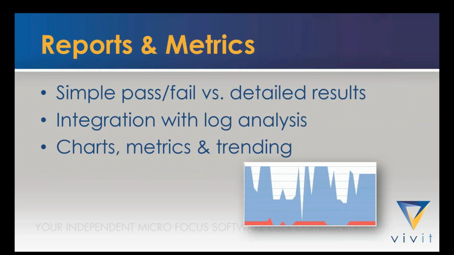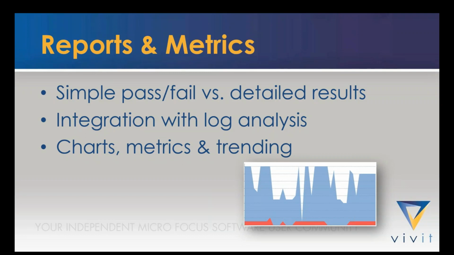So the final thing to mention, then we'll dive into the rest of the questions, is just reports and metrics. It's not good enough for a test to run, but we need to make sure that the appropriate information is coming back. Simple pass-fail is likely going to be necessary for a CI tool like Jenkins or a TFS build server, or there's another popular one out there, TeamCity, versus other things.